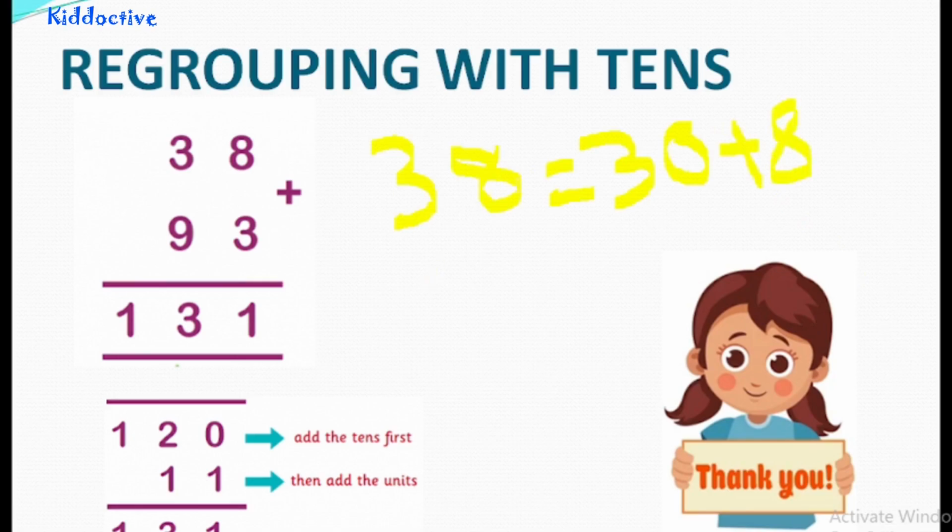Why? Because 3 tens value is 30, 8 ones value is 8. Now we are going to write 93.